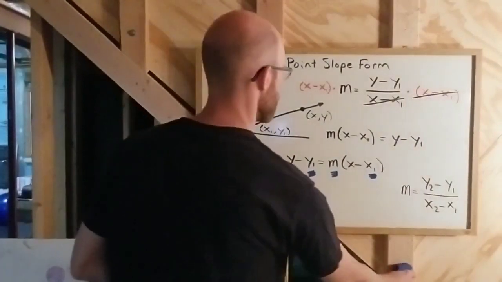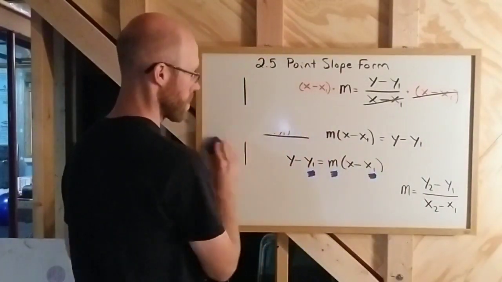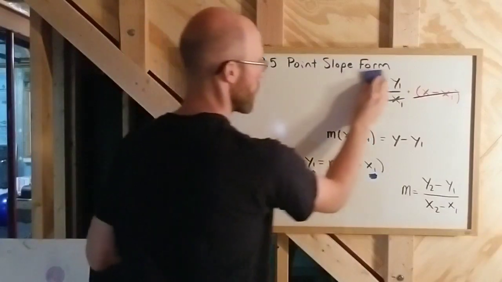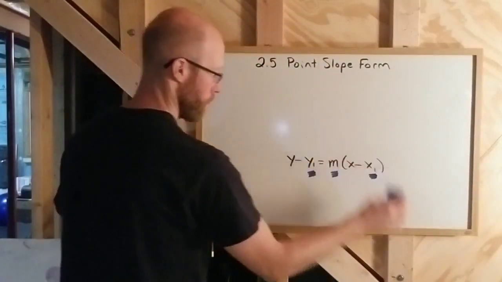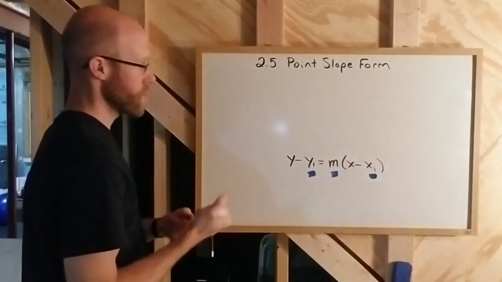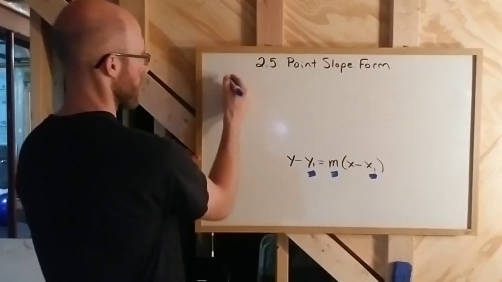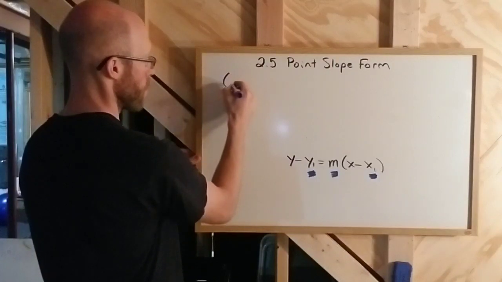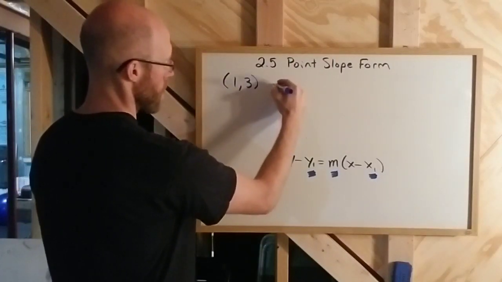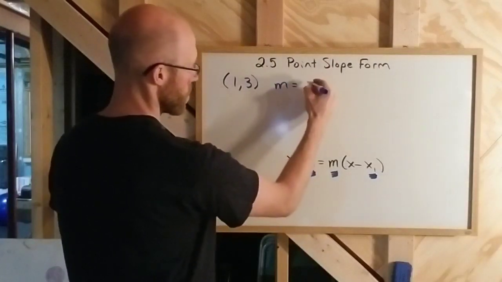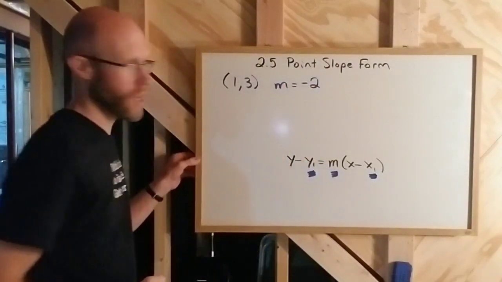We'll keep that formula up there. If I were to give you simply a point and a slope, let's say the point is 1, 3, and the slope is -2.